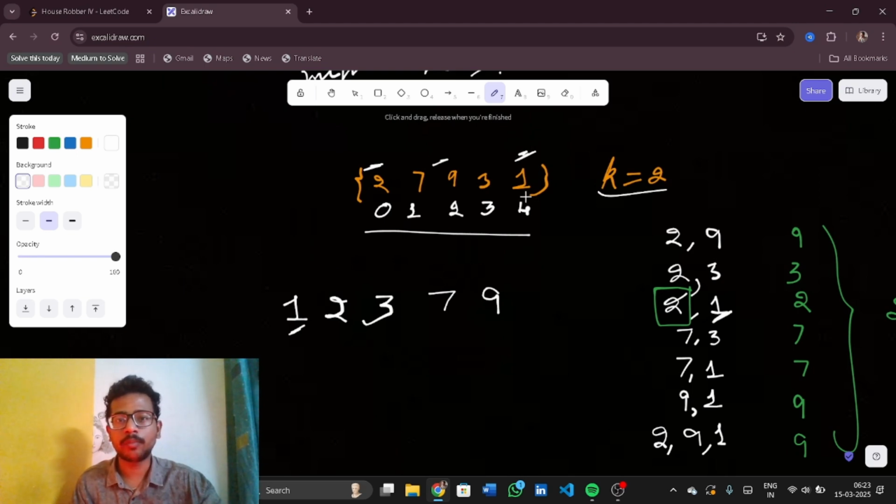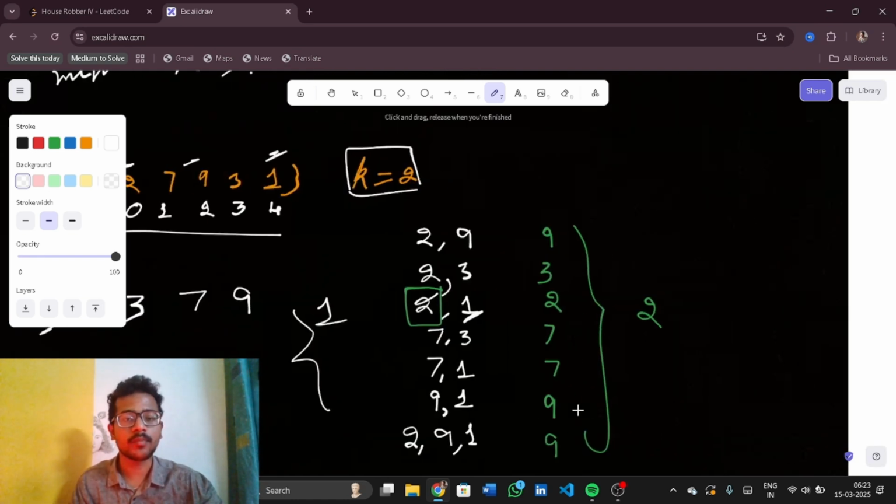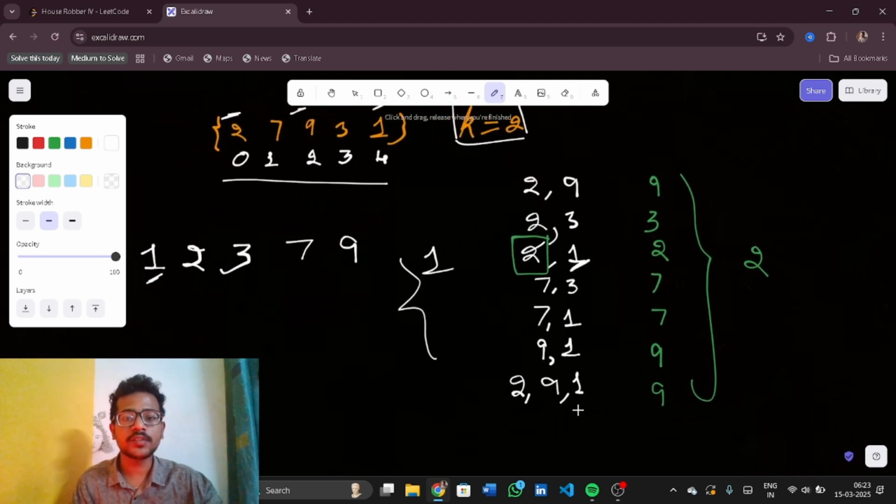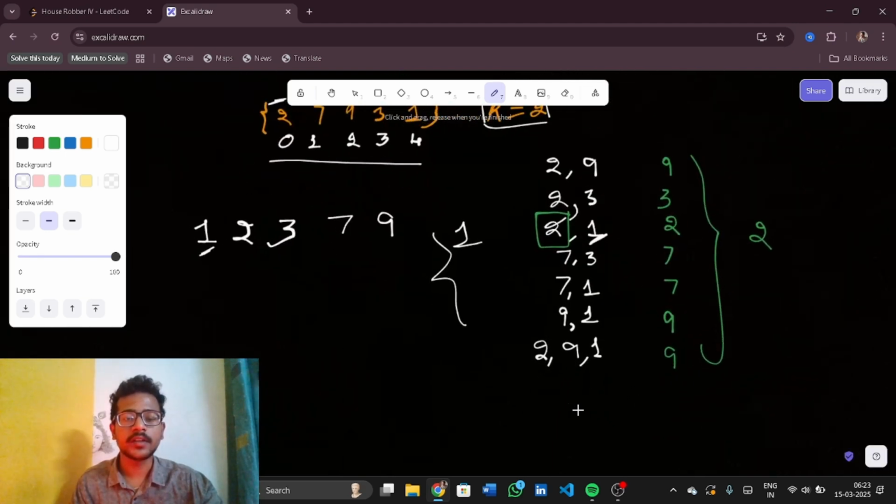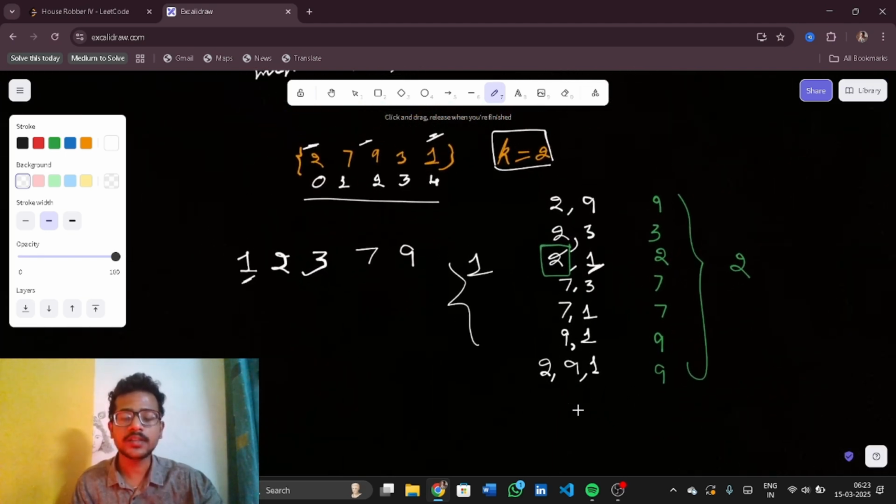So this would be the maximum from k combinations, at least k combinations. Take this 2. Now I have 1. That means 1 is the maximum from all the combinations. This would be my answer, right?